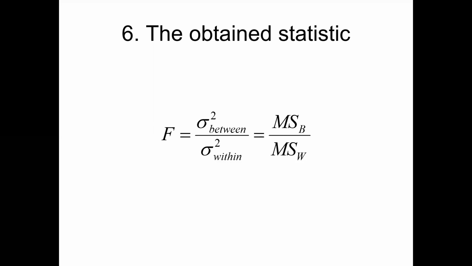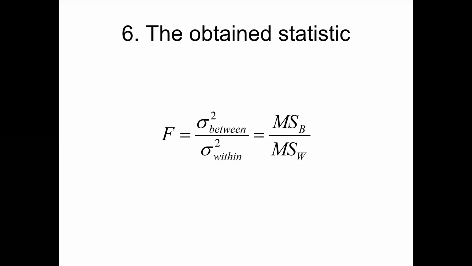The denominator is variance within, which is another way of saying random error variance. It's just the fluctuations in the sample that are not attributable to group characteristics. So they're not explained by group differences. They're considered unexplained variance.